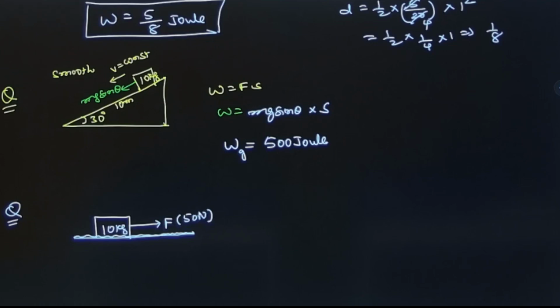Since it is in motion, the coefficient of friction should be there. The coefficient of kinetic friction is 0.4. Find the work done by frictional force when it displaces through, let's take, 5 meter.